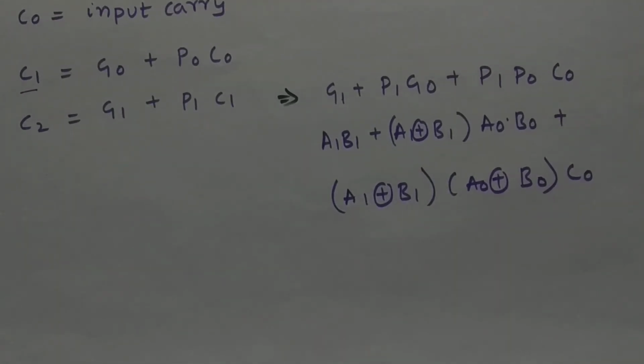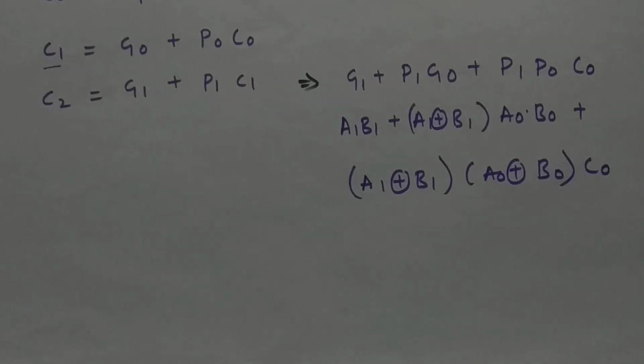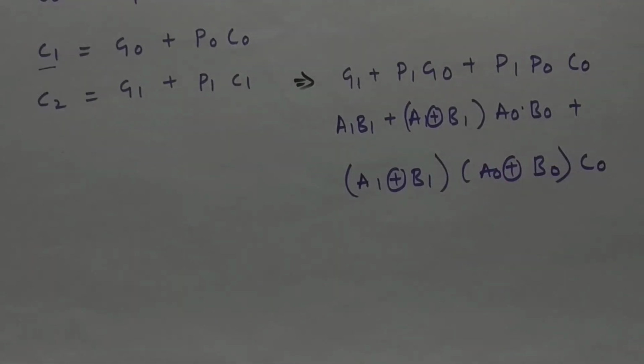From this expression, you can clearly notice that we are not using C1. The previous carry value is not being used over here. That's the advantage. But here we are using some more XOR gates and more AND gates. That's the only drawback. That means we are using more hardware to get things done faster.